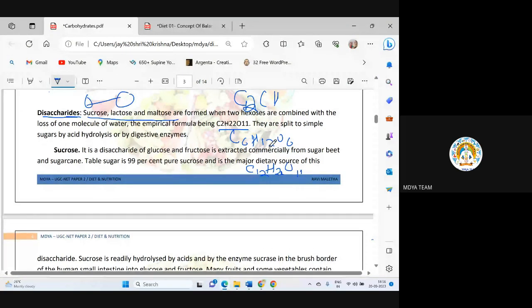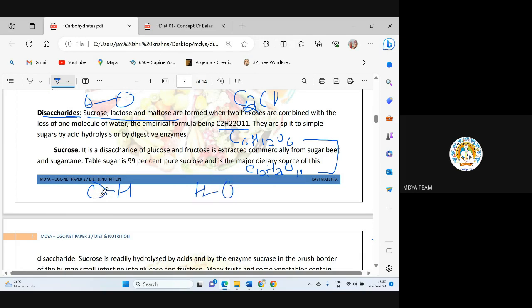Now, why is there not 24 and not 12? Why is there only 11 atoms of oxygen and 22 atoms of hydrogen? It is used in the bond, water. This is the general structure of a monosaccharide.